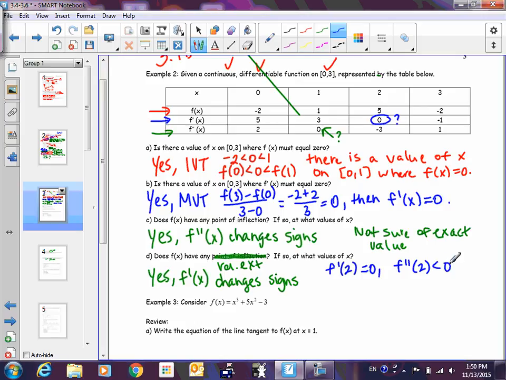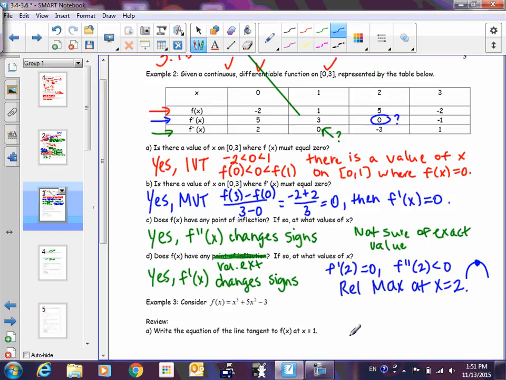So I'm just going to write less than 0. So can you guys remind me when the first derivative is 0 and the second derivative is negative, aka concave down? Where is the first derivative 0 again on this picture? Right there, which we call a relative max. So we can be sure there's a relative max at x equals 2. And that's the second derivative test that we learned about yesterday.